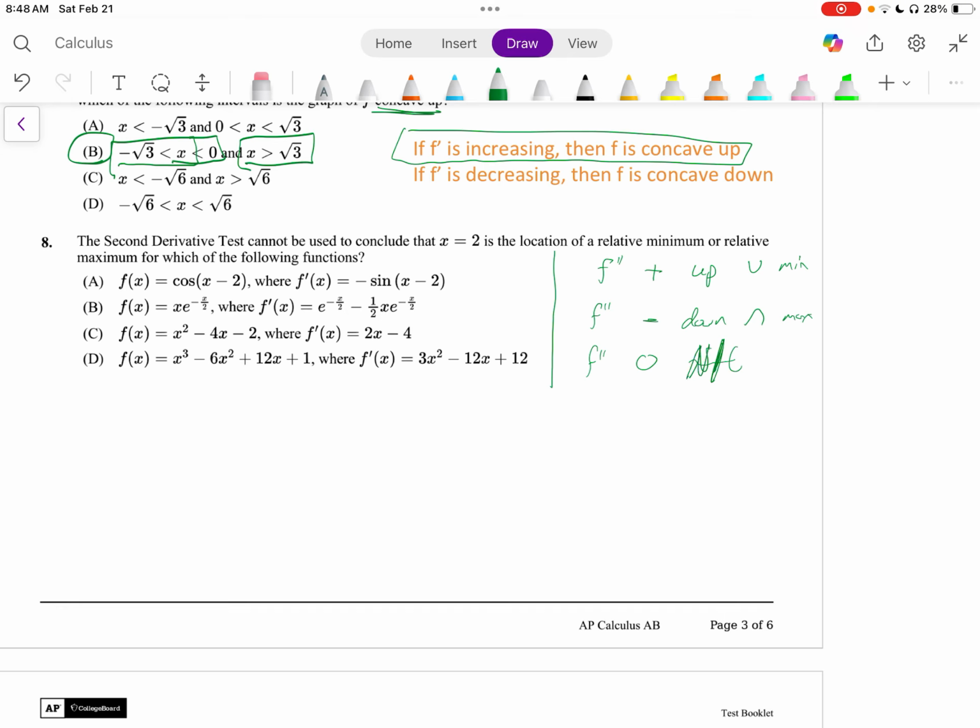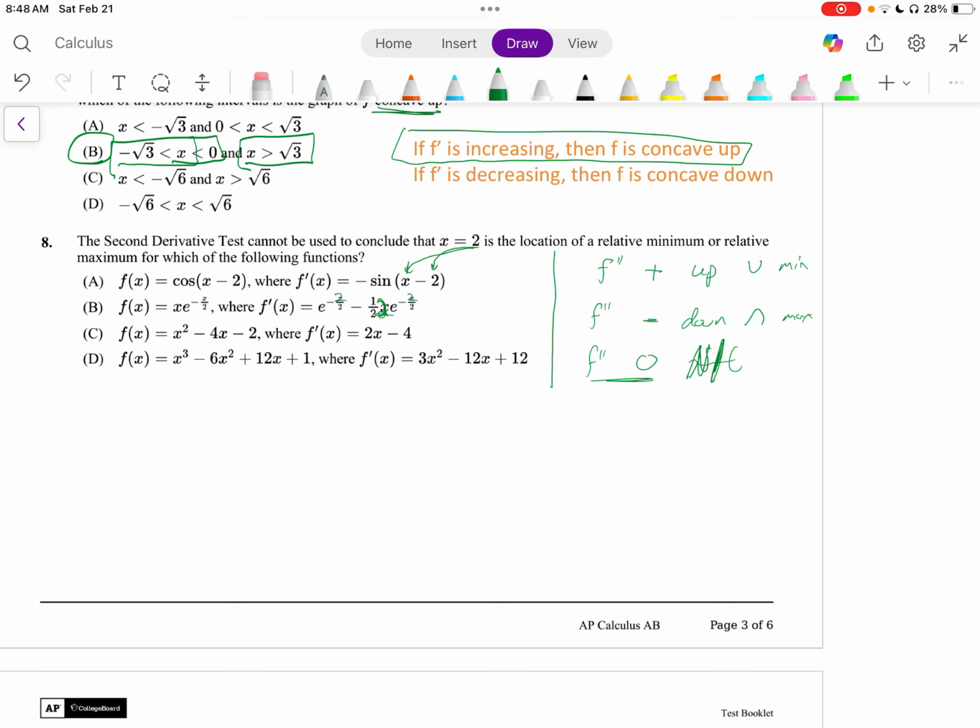So really, we need to make sure the first derivative equals 0, and then we need to see the ones that won't work. You can't use the second derivative test if the second derivative is 0. So let's first make sure we plug in 2 and the first derivatives are 0. Sine of 0 is 0, so that's 0. Putting 2 in here, this would be a 2 and a 2 and a 2.